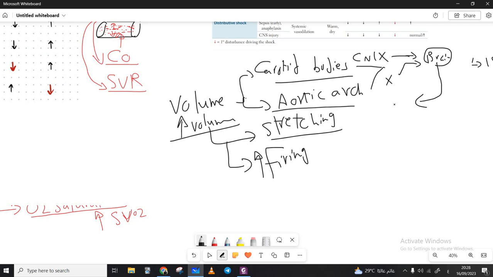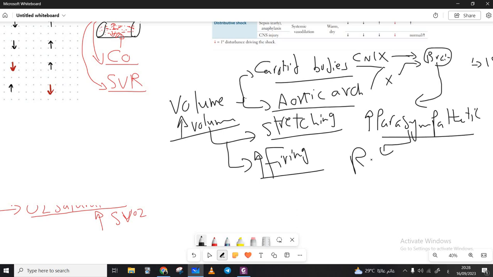Mainly, when they fire more through these nerves, they activate the parasympathetic more, and also, if you know, the sympathetic. The parasympathetic relaxes organs like the heart, so it causes a lower heart rate.